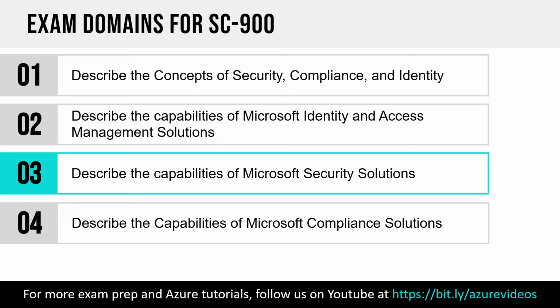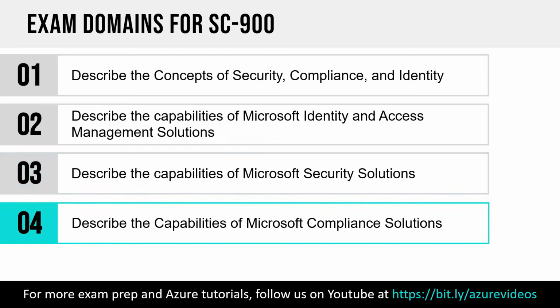Network security groups, Azure Firewall, Azure Bastion, Sentinel, Security Center, and many more. And then finally, we'll round out our session on the capabilities of Microsoft compliance solutions in Objective Domain 4. And we'll really be talking a lot about compliance and governance in this domain.